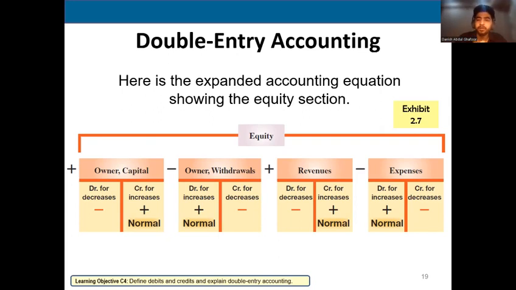Because it is a contra account, it will reduce your owner's capital, so it is a debit. Similarly, whenever revenue increases, it goes on the credit side. Whenever expense increases, it goes on the debit side. So at the end, for the profit, you will get the difference of these two accounts.